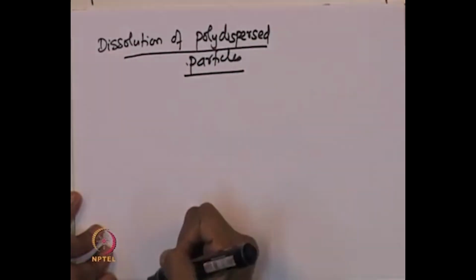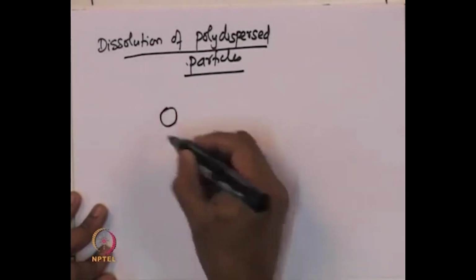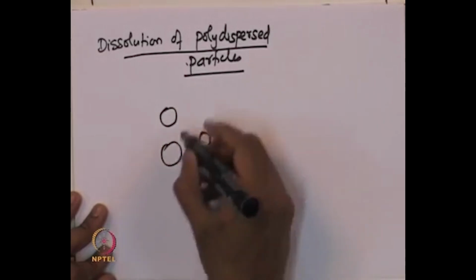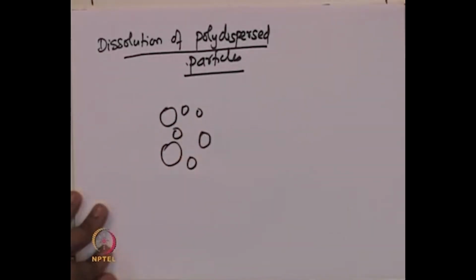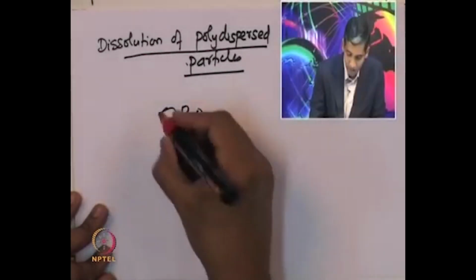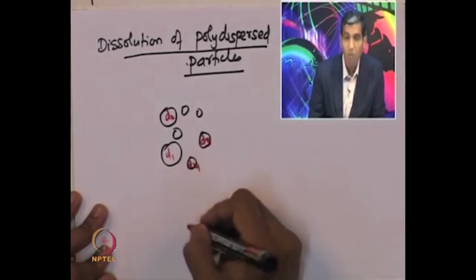Dissolution of polydispersed particles. So, what are polydispersed particles? Suppose you have a collection of particles which are of different sizes. For example, this big one could be of size d1, it could be d2, maybe d3, and this could be d4, and so on and so forth.